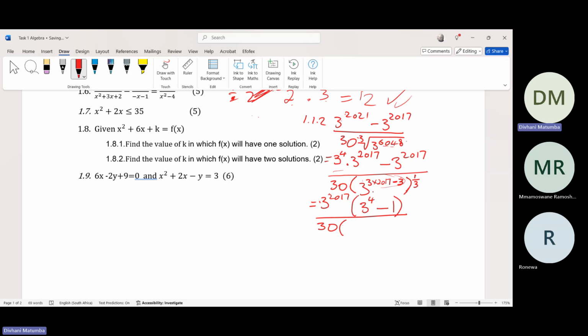Okay. Now inside the bracket, we will have to multiply the exponents, in which, if we multiply the two exponents, how much are we gonna get, Mamswan?